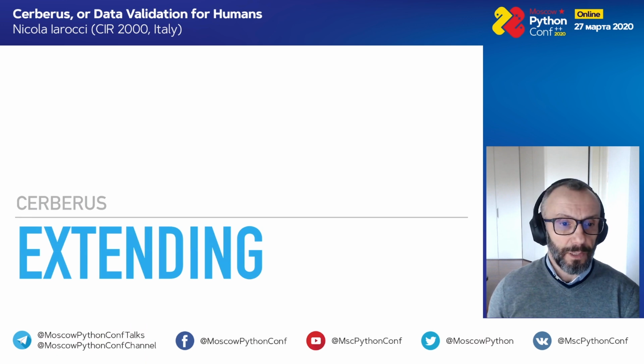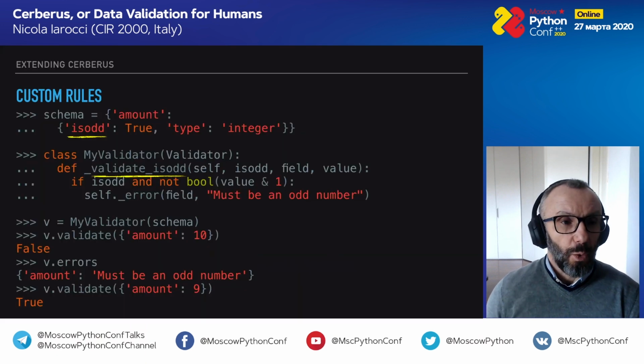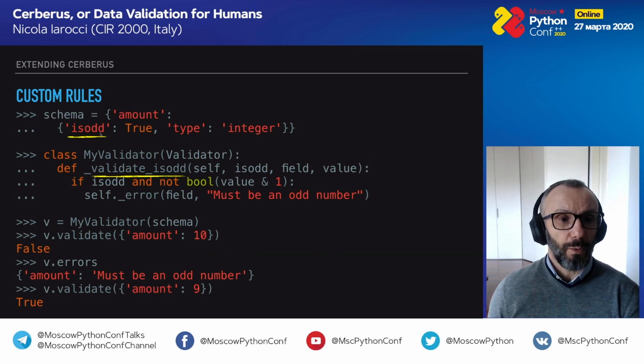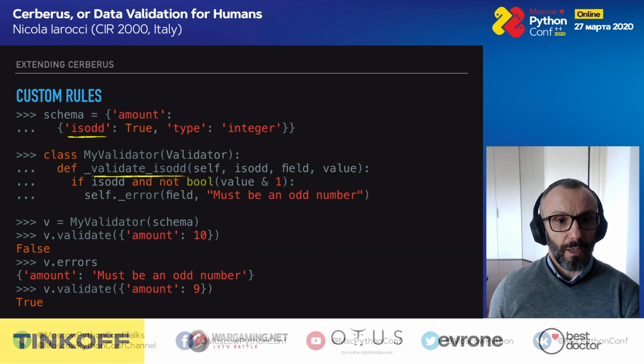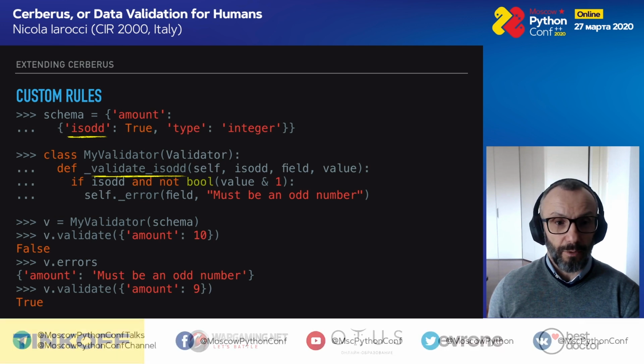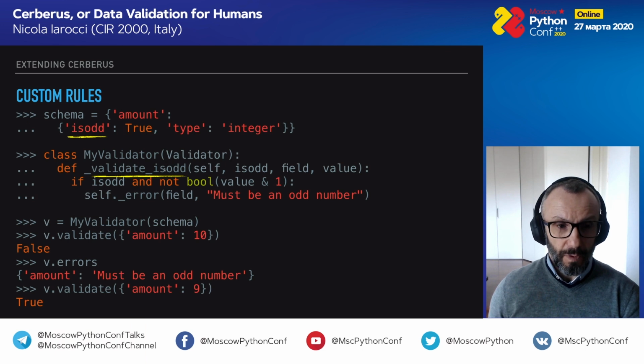Let's talk about extension now. We can build custom rules. For example, here we are defining a rule which is going to validate a document and make sure that the values are odd. The way we do that is that we just subclass the base validator class in our own class, and then we define a new validation rule.